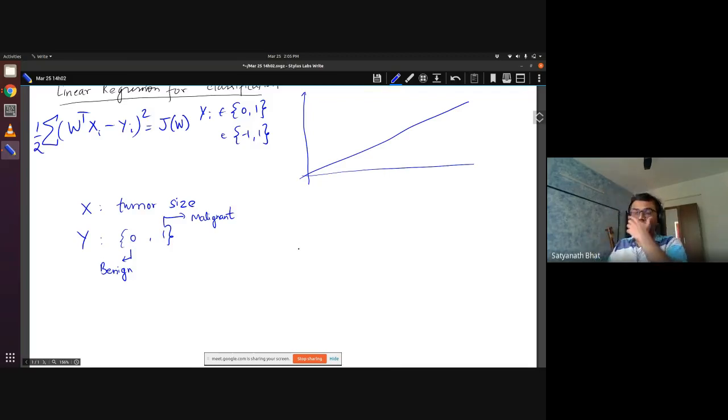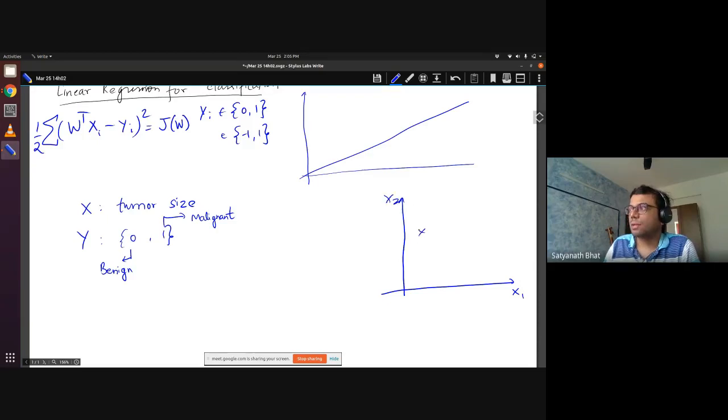So now, if you want to plot, this is something that people get confused with, even though it's a very, very simple thing. In the past, whenever we have talked about perceptron and things like that, the entire feature space is here, x1 and x2.